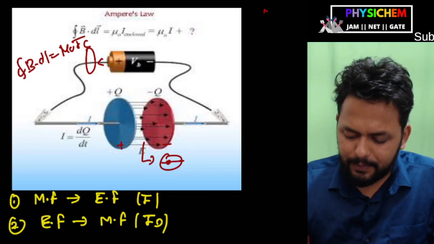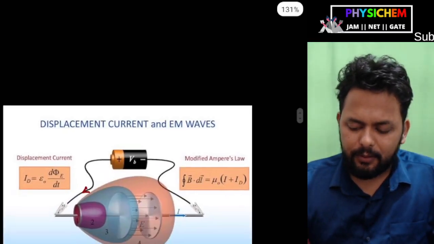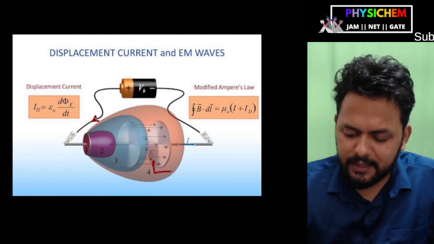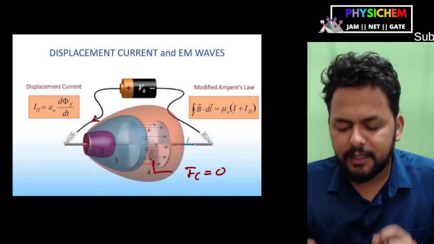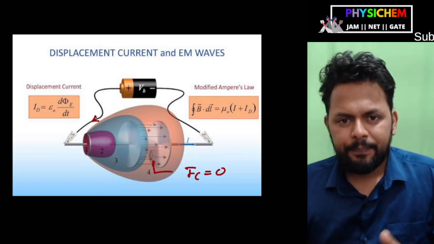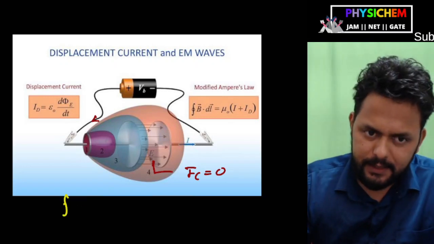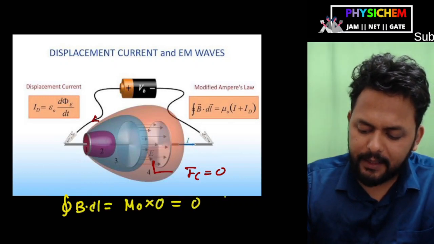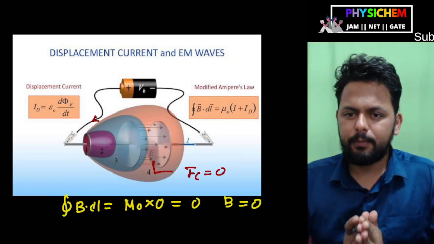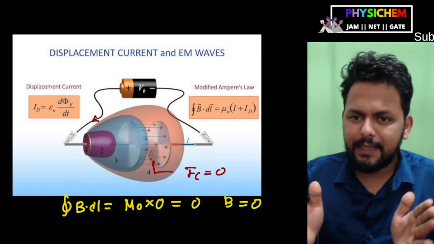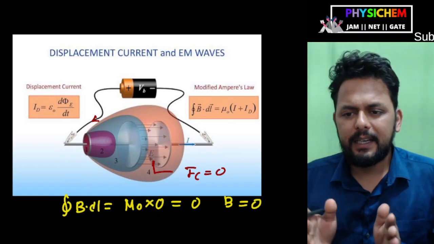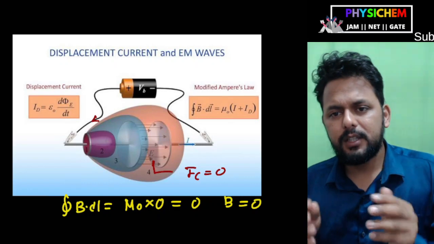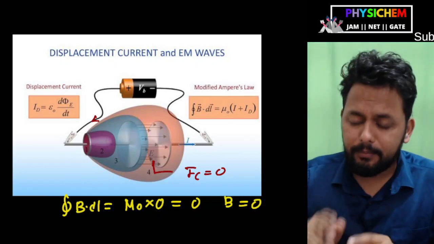No. So if I apply Ampere's circuit law in this region between the capacitor plates, the conduction current is zero, so closed integral B dot dl equal to mu 0 I comes out to be 0, and the magnetic field between the plates is 0. If the magnetic field is 0, the deflection in the coil must be 0.